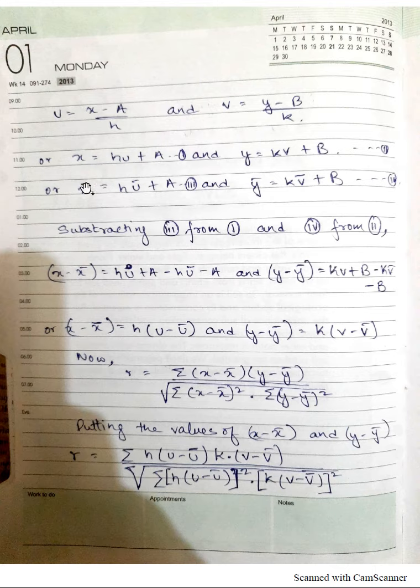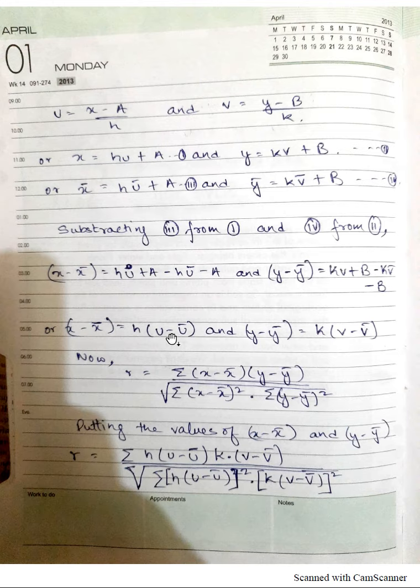So we subtracted this from this, simple. And again we subtract this from this, so y minus y bar becomes equal to kv plus b minus kv bar minus b.